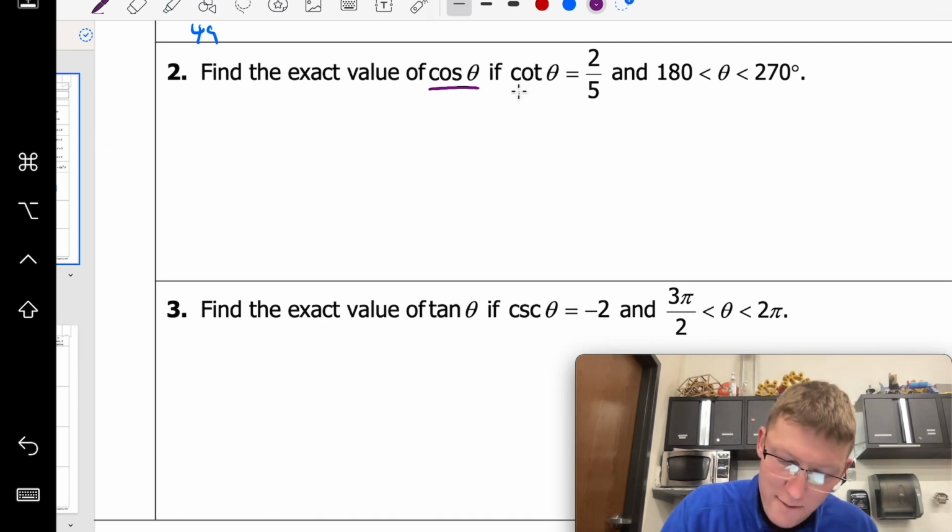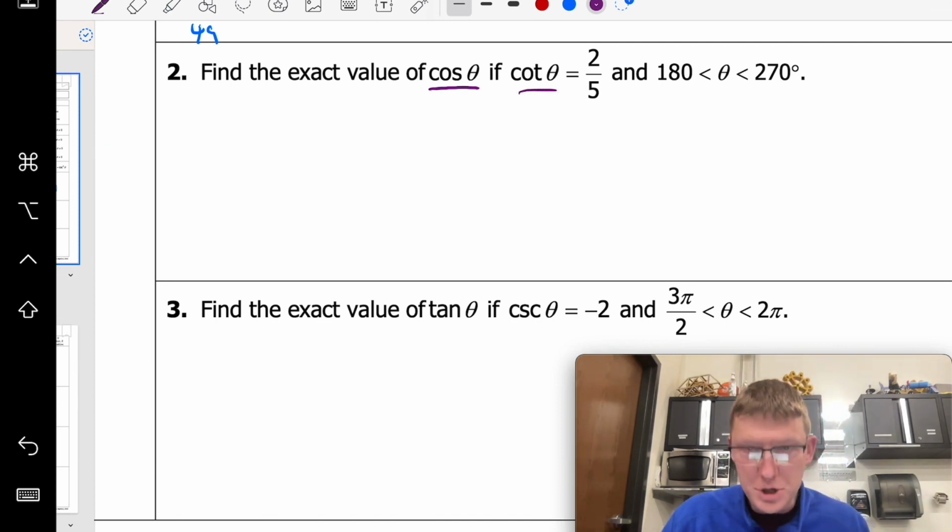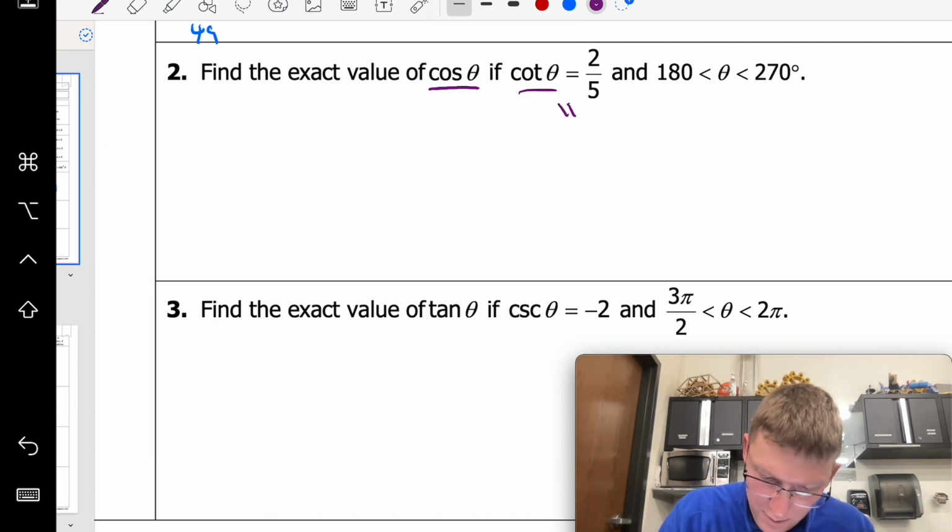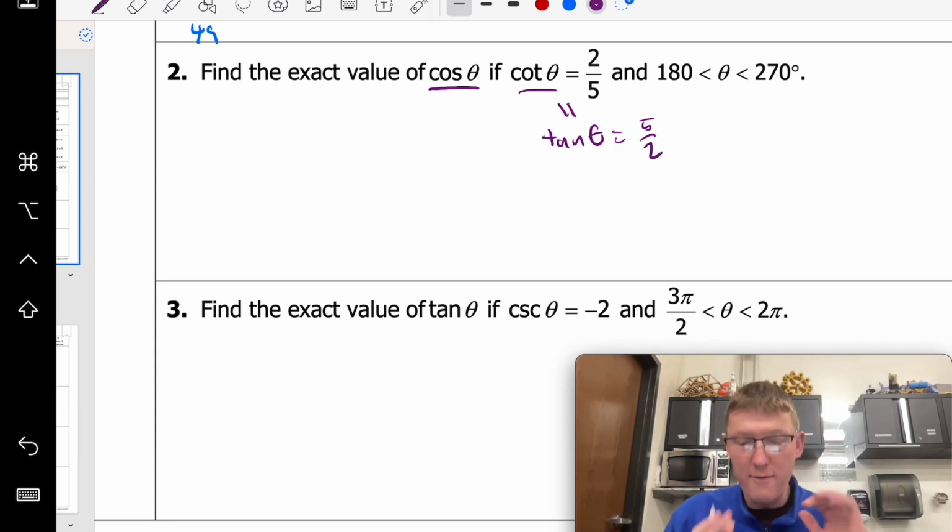And then we have cotangent, but don't forget that that is also the same as saying that we have a tangent of theta equals 5/2. So we have both of those. So then I'm going to look at our identities. I need something that has cosine and tangent.